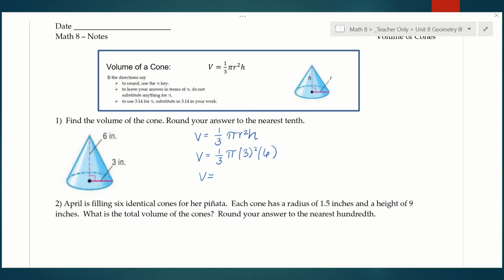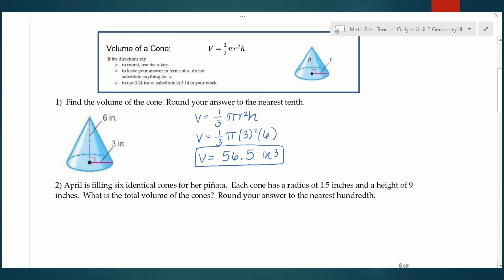The other thing you could do is type in pi times 3 squared times 6, hit enter, and then divide by 3. Those are the two ways that I would recommend. Try one of those, and if you did it correctly, you should be getting, to the nearest tenth, 56.5 cubic inches.